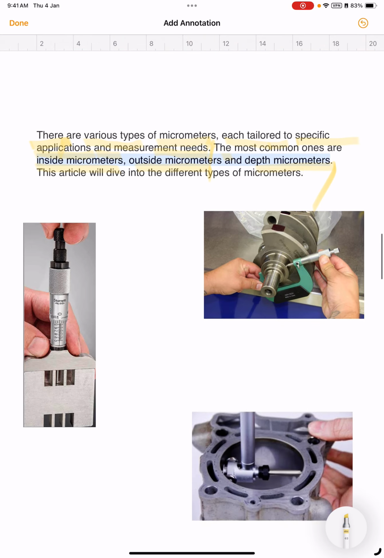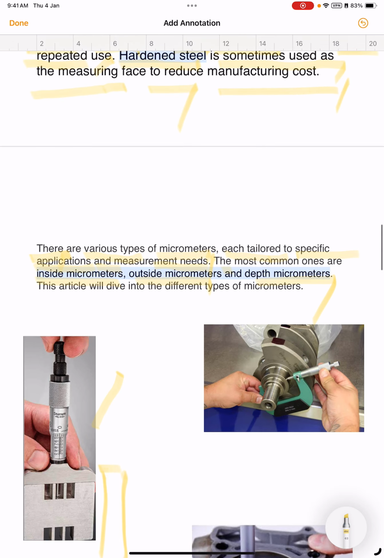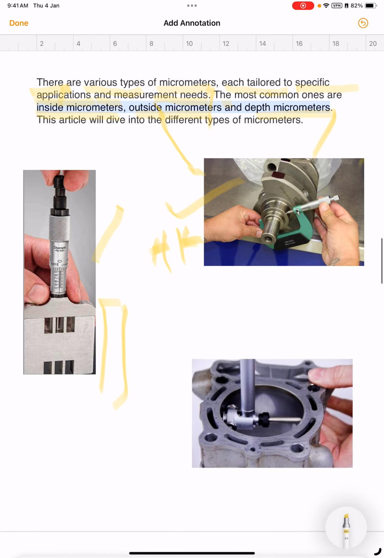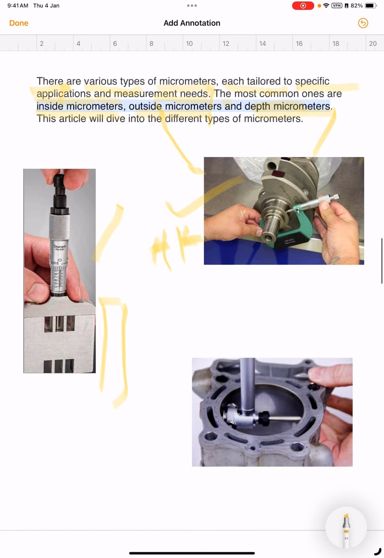Showing this figure, a depth micrometer can be used for depth measurement. This one is an external, outside micrometer. This one is called the outside micrometer. This can take outside diameter measurement. This one is called a depth micrometer.